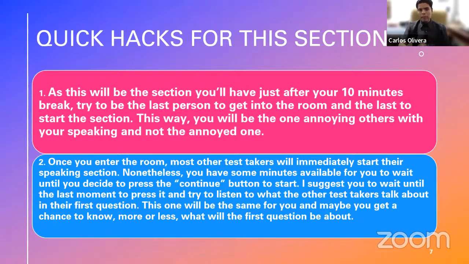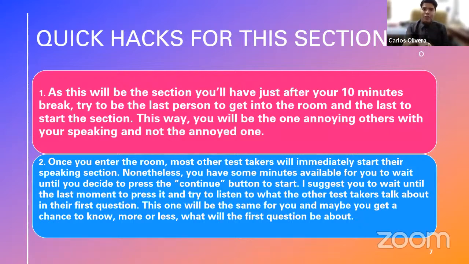I think every single one of you knows that when you are taking this IBT version of the TOEFL exam, you're going to have at least 5 or 6 test takers that are also going to be sharing that room with you.